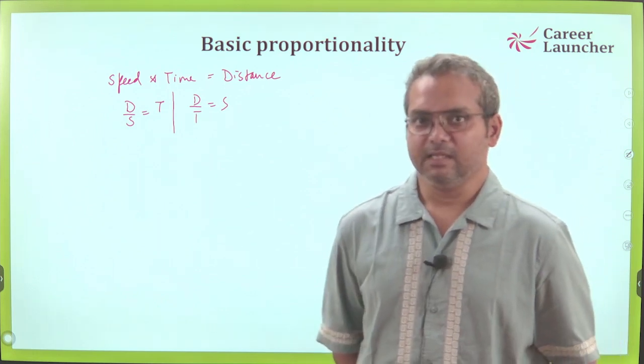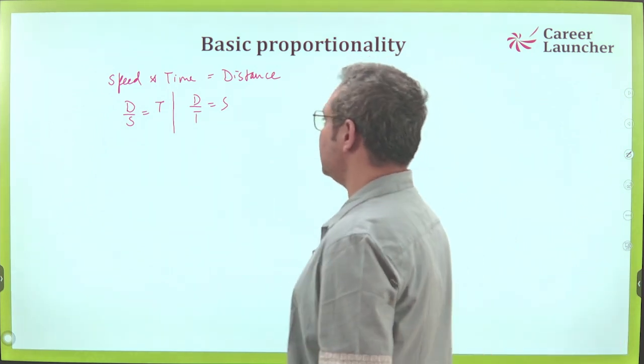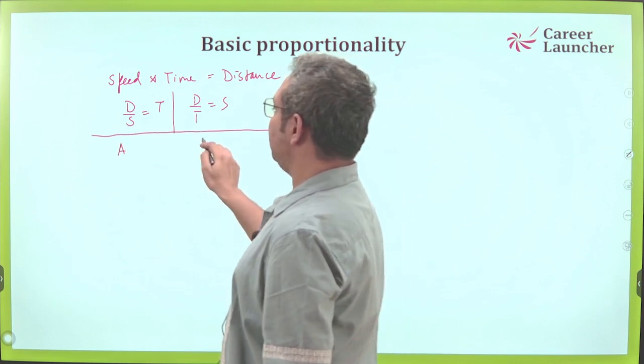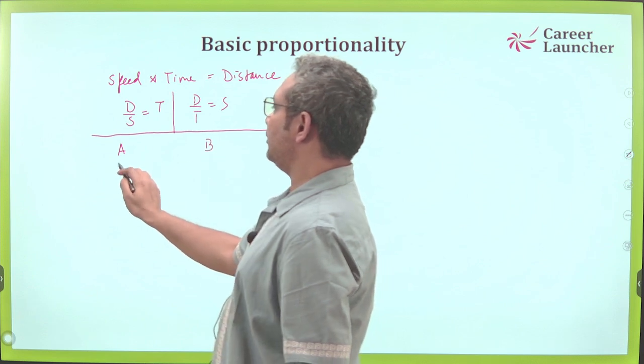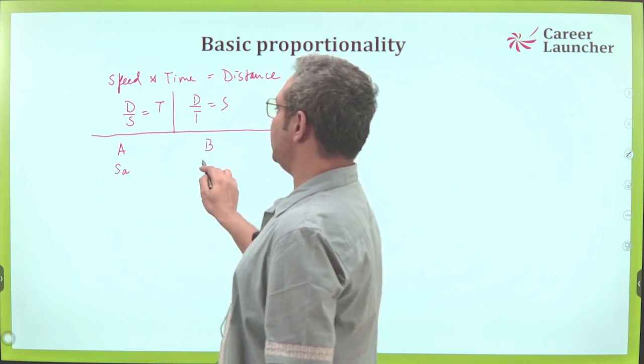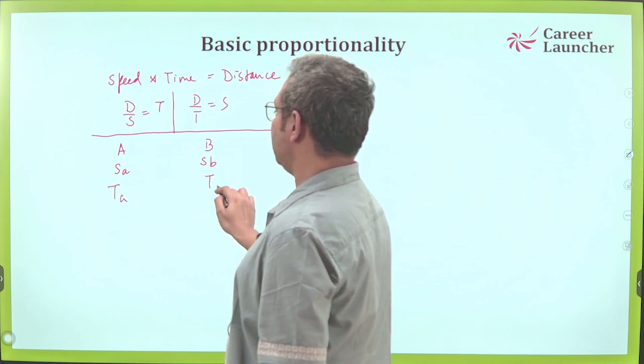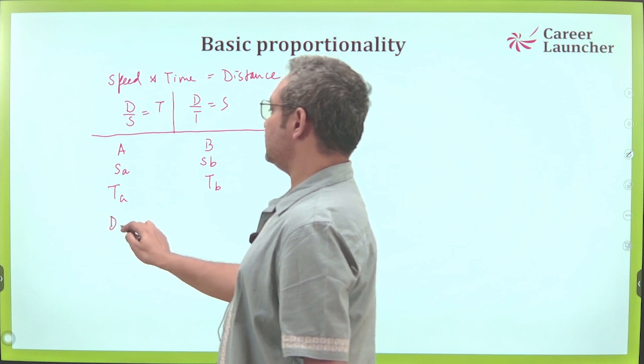Okay. Now the basic proportionality rules are, let's say I look at two people, A and B. A and B are traveling with speeds SA, SB. They have traveled for time TA and TB, and they have covered distance DA and DB.